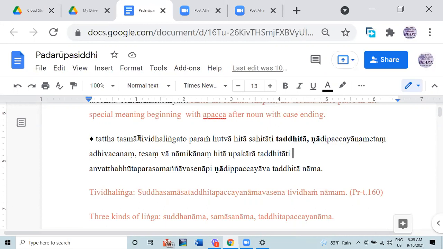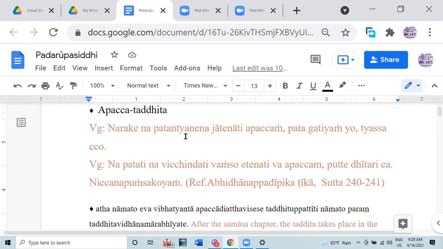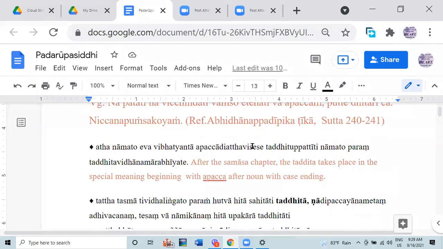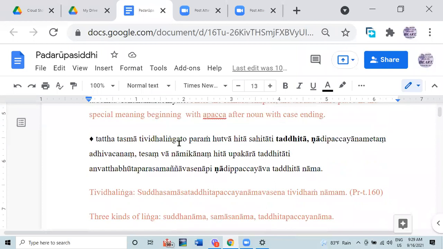So Ryan, last week you were also here, Nari Bhajaya. Apachadi Visese. Why after Bobhi Samasa does the modified noun come? Here also. Many Tivida Lingato, okay?